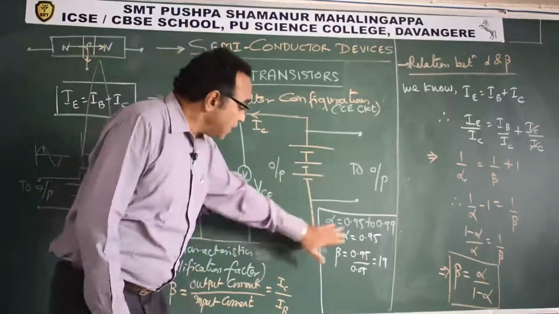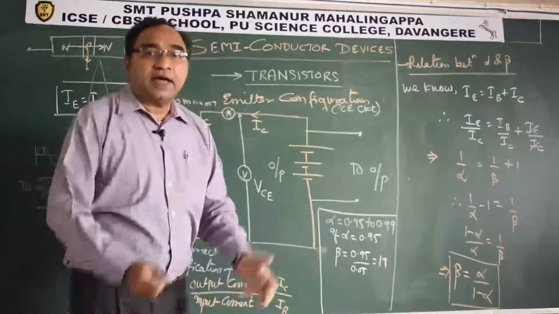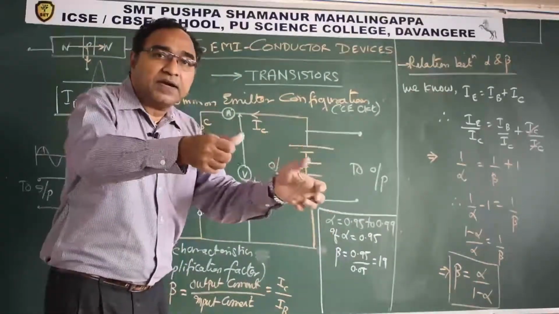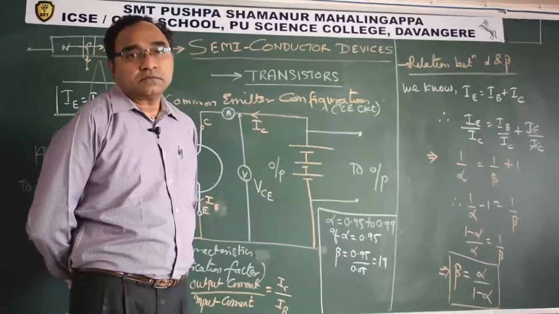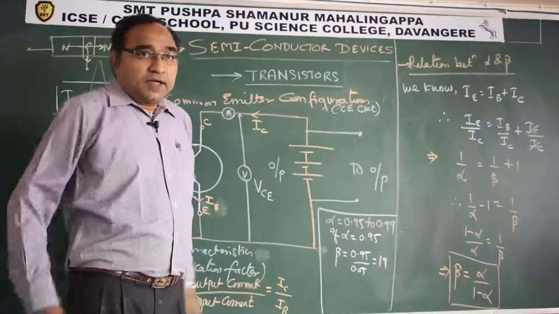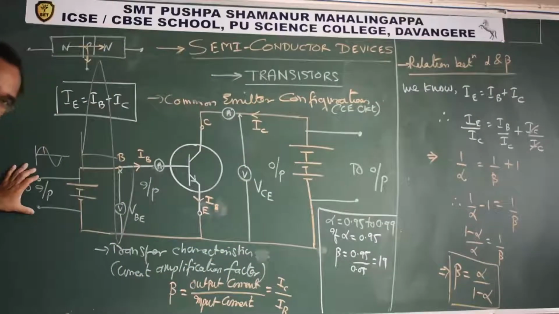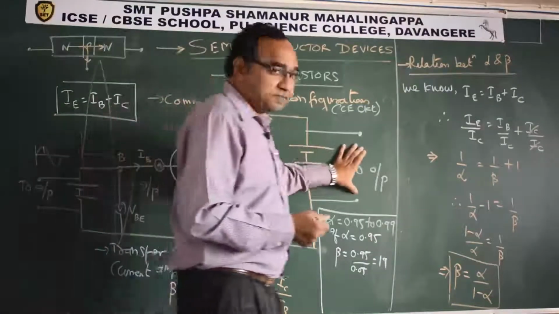See, I am using alpha as 0.99, so beta will be how much? 99. I have designed an amplifier with beta 99 times. Here I have a microphone, and here I have a speaker.